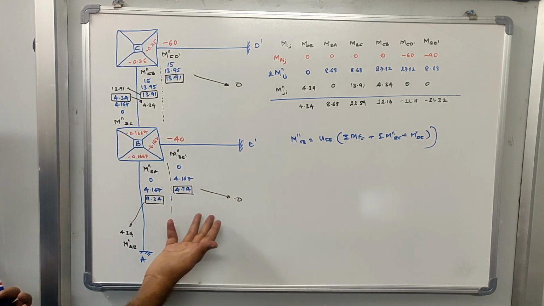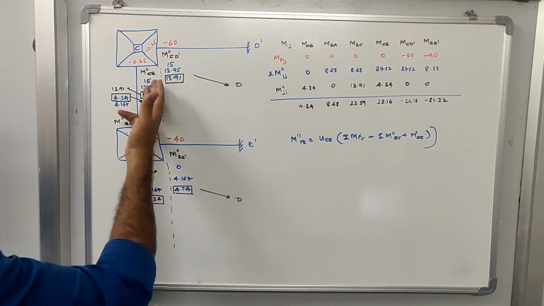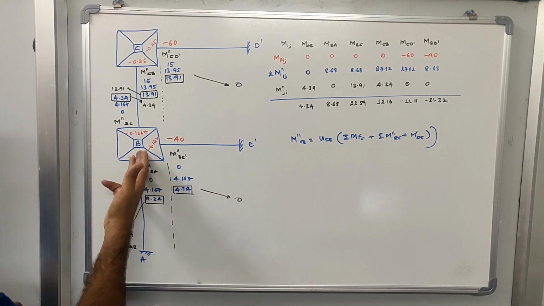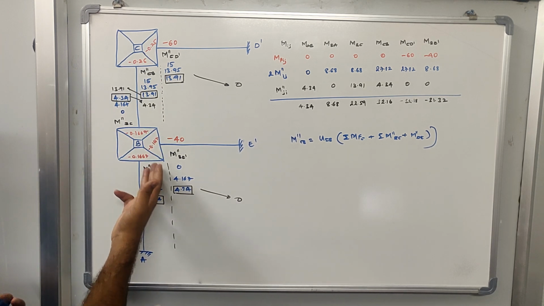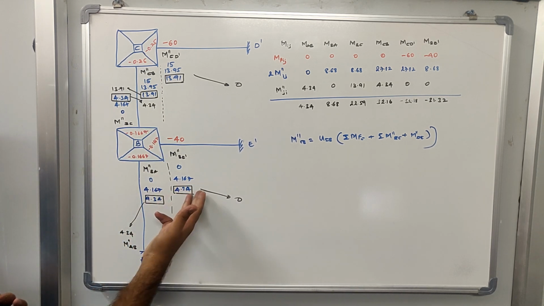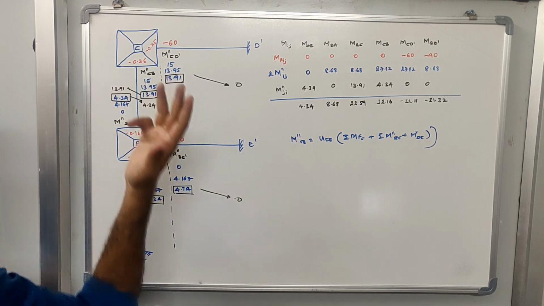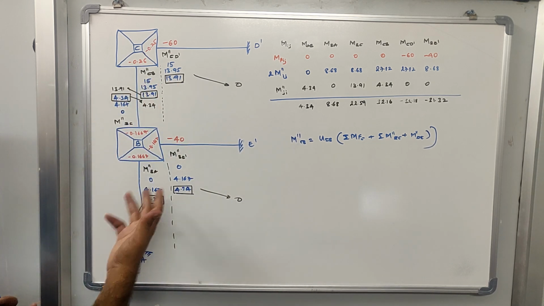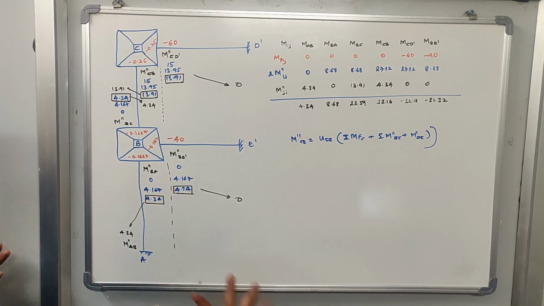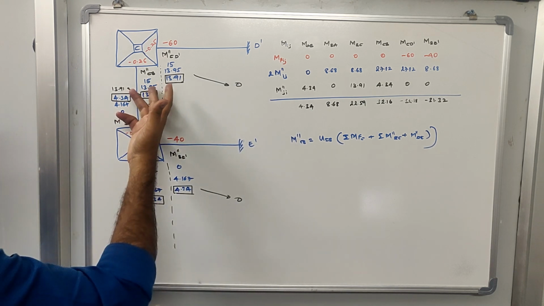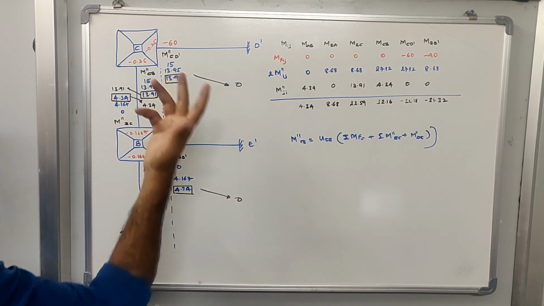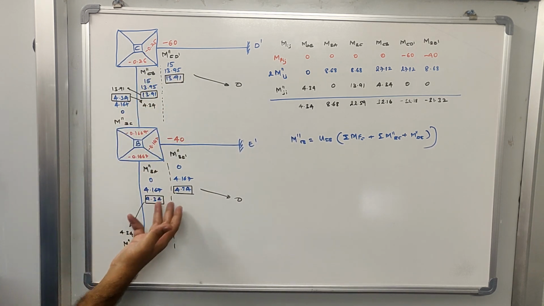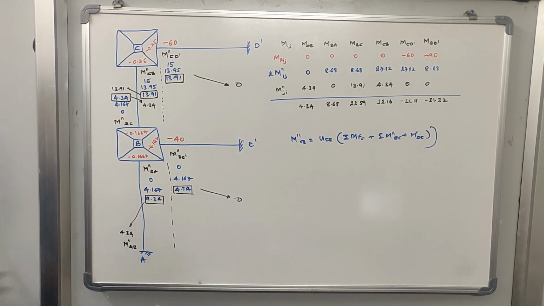Again, in the second iteration, minus 40 plus 13.95 multiplied by the respective rotation factors gives the rotation moments 4.34, 4.34. If I go to the next step also, I'll get the same value of 4.34, so I froze at this point. If I solve this further, I'll get 13.91. I told you earlier how we stop the iteration in the case of Kani's method.